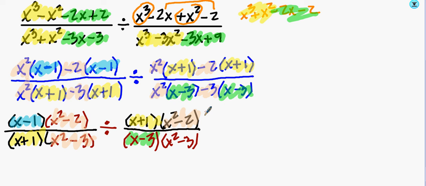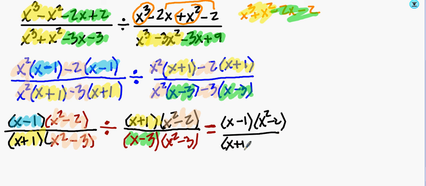And finally, since we are talking about division of fractions, division of fraction is same as if we copy the first fraction entirely. So we got x minus 1 times x squared minus 2 all over x plus 1 times x squared minus 3, and then we multiply that by the reciprocal of the second fraction.